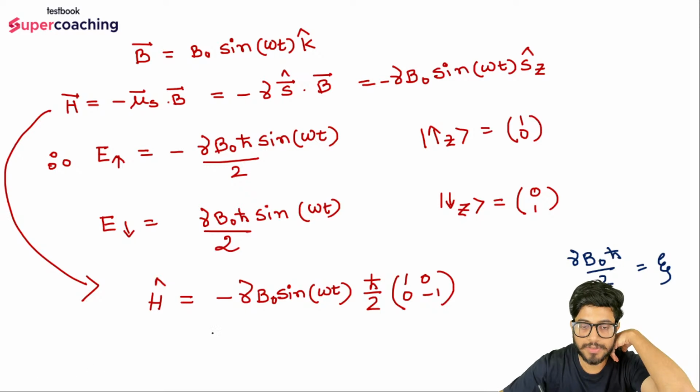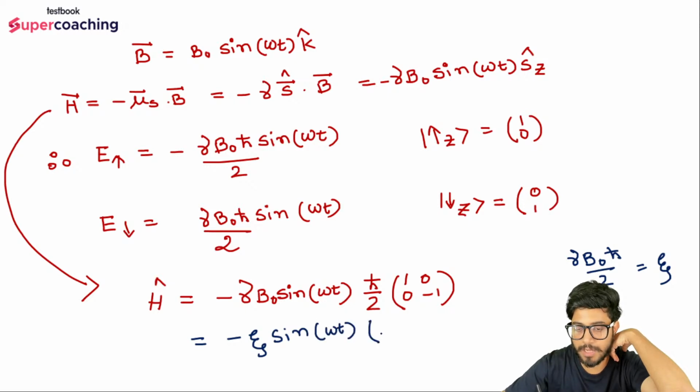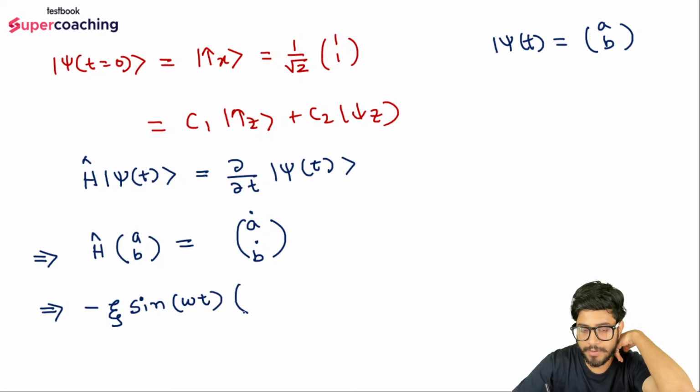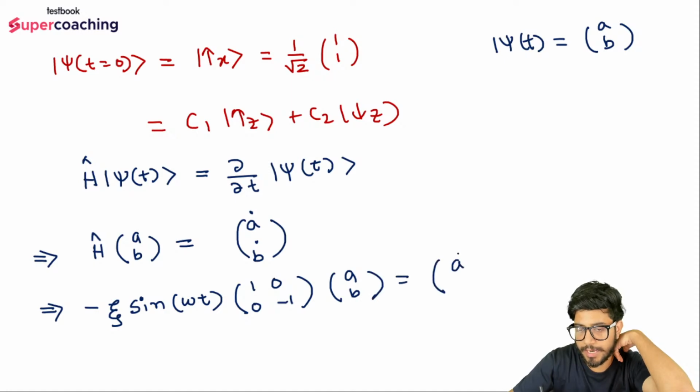So this can be written as minus zeta sin(omega t) times the matrix [1, 0; 0, minus 1] into (A, B), which equals A dot and B dot.